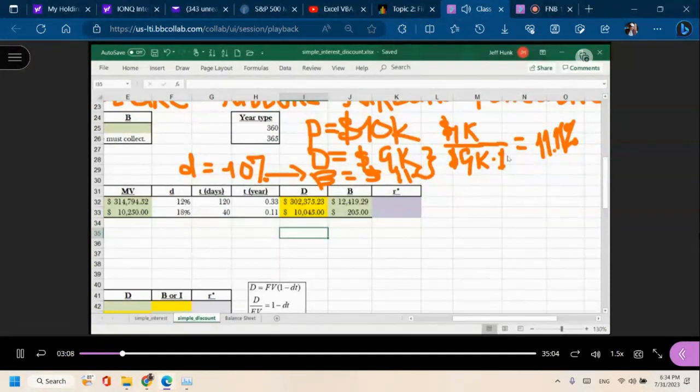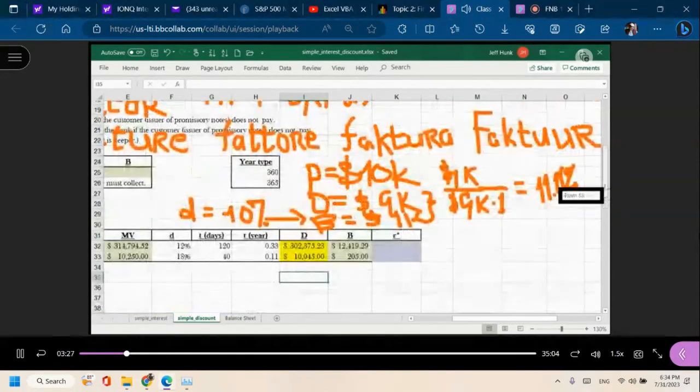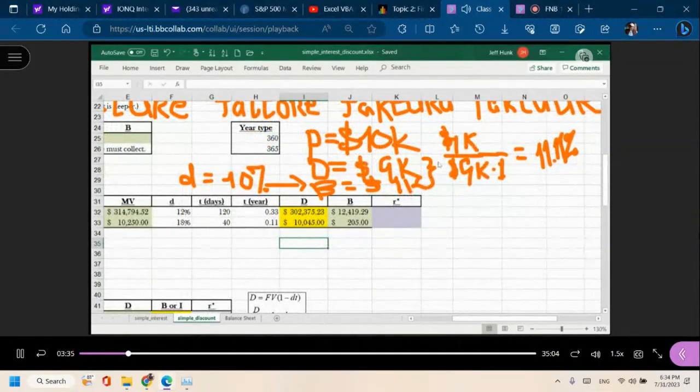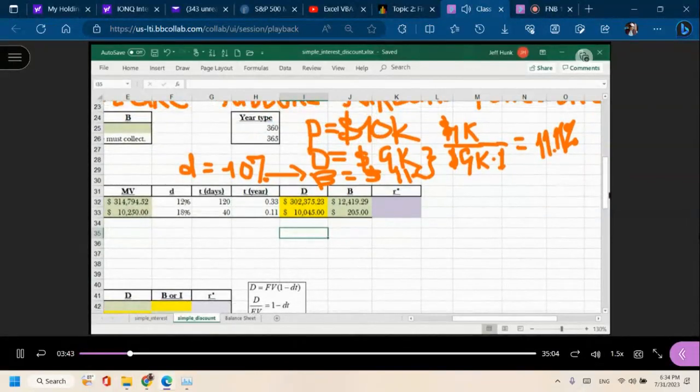So in that case, if you think about it, effectively you are not paying 10% interest. That's a 10% discount, but you are paying more than 10%, right? 11%. I showed you a very simple example using the non-interest paying note. In the case of a non-interest paying note, the $10,000 note is already owed the minute you sold it to them.